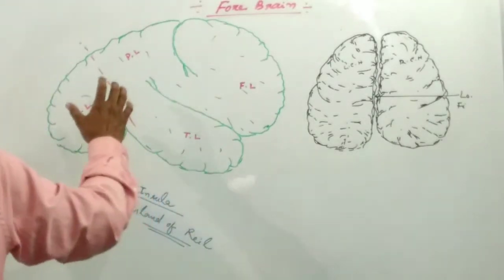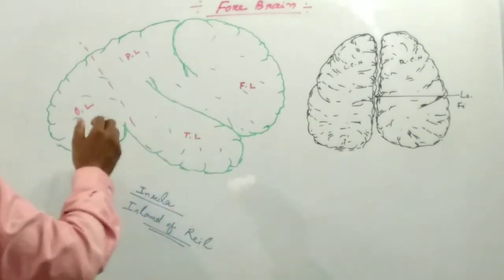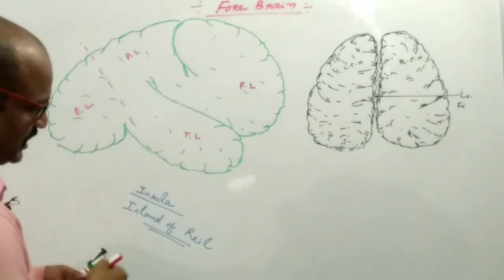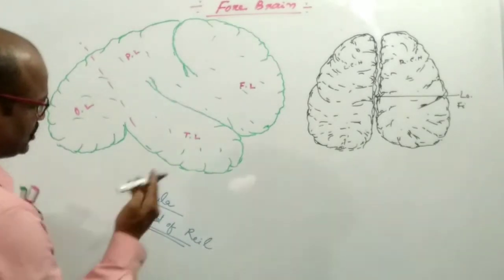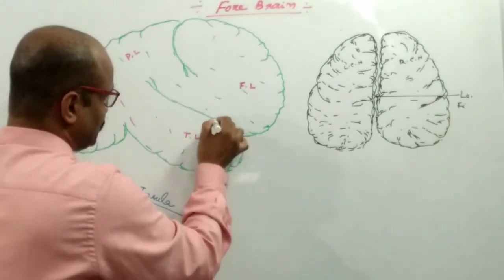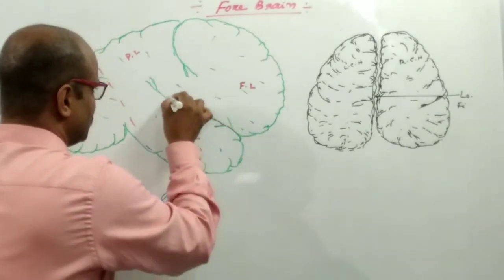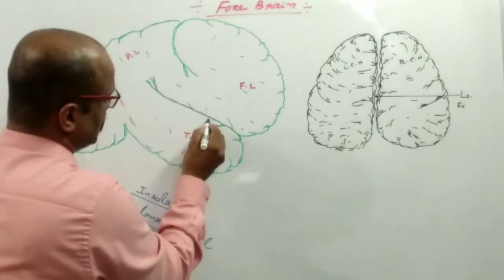These lobes have different fissures, and one of them is known as the lateral fissure.